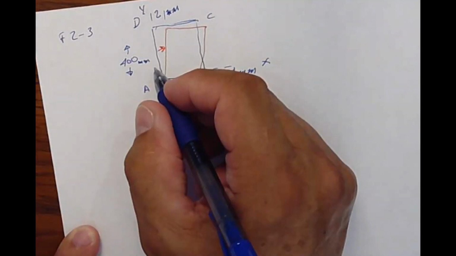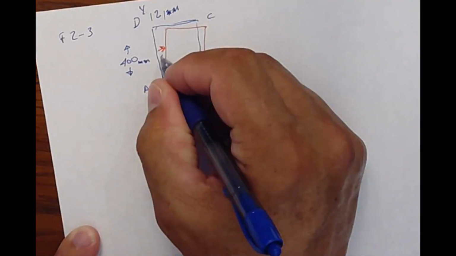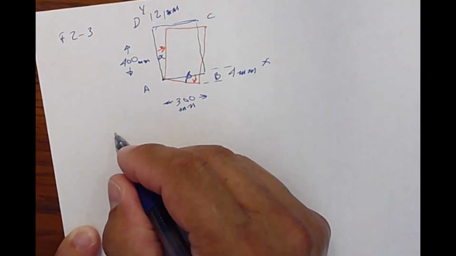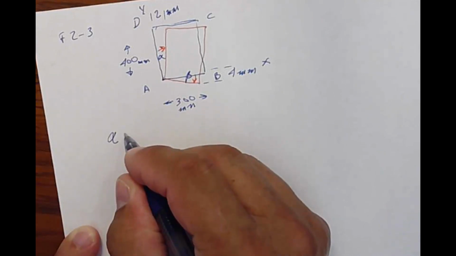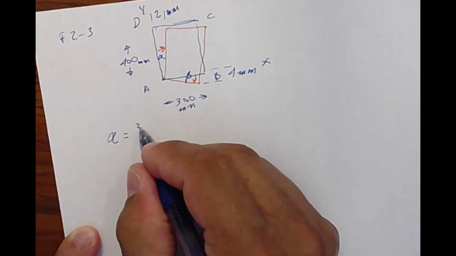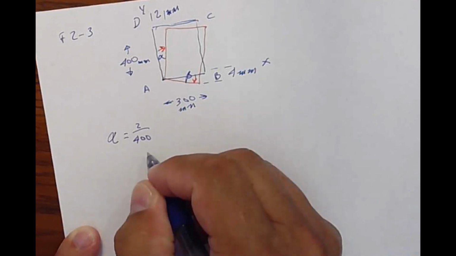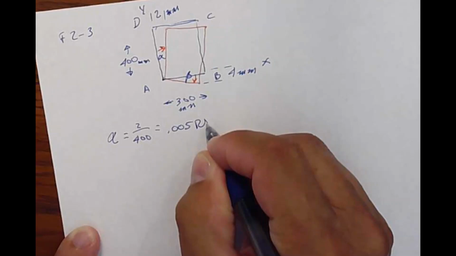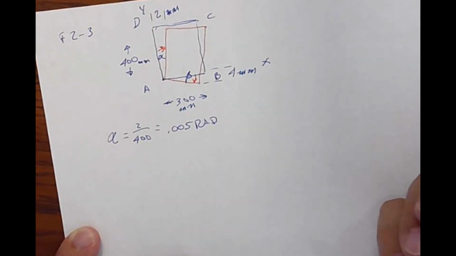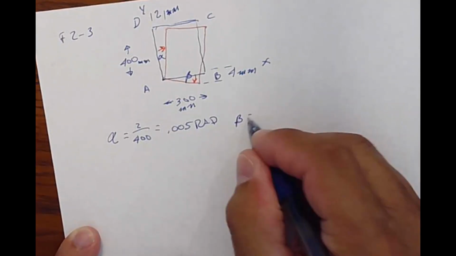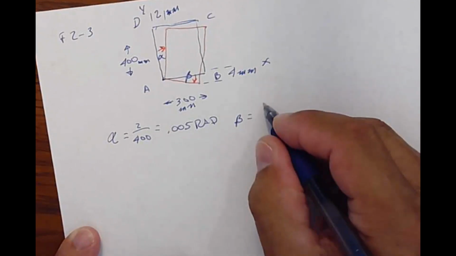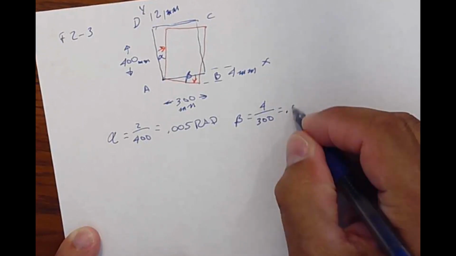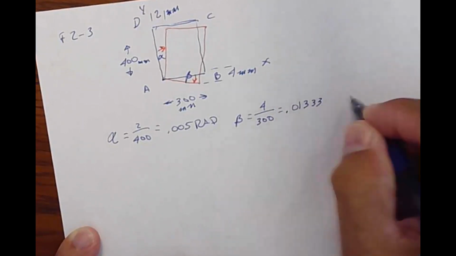So we're going to call this one alpha, and we'll call this one beta. So alpha is going to be equal to 2 over 400. And that is equal to 0.005 radians. Okay? And beta is going to be equal to 4 over 300. And that's equal to 0.01333 radians.